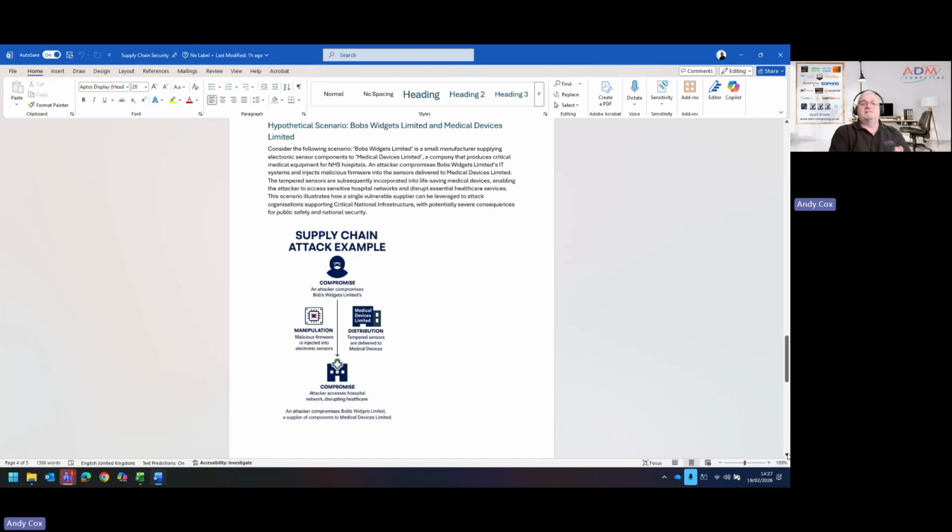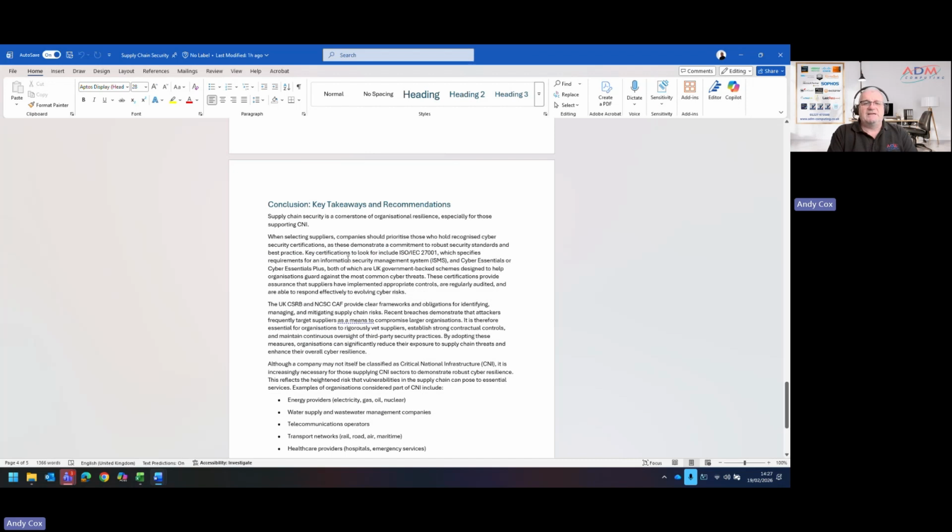So all of a sudden, this attack appears out of nowhere on the NHS, and it all goes back down to a disgruntled employee at Bob's Widgets a year earlier, giving someone access to some source code, and he was paid 10 grand to do that. Okay. It can be as simple as that. So that is why there is this massive focus now on supply chain security.